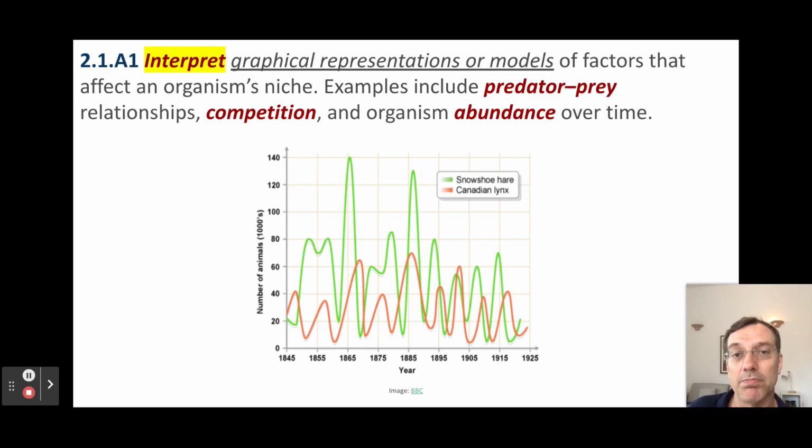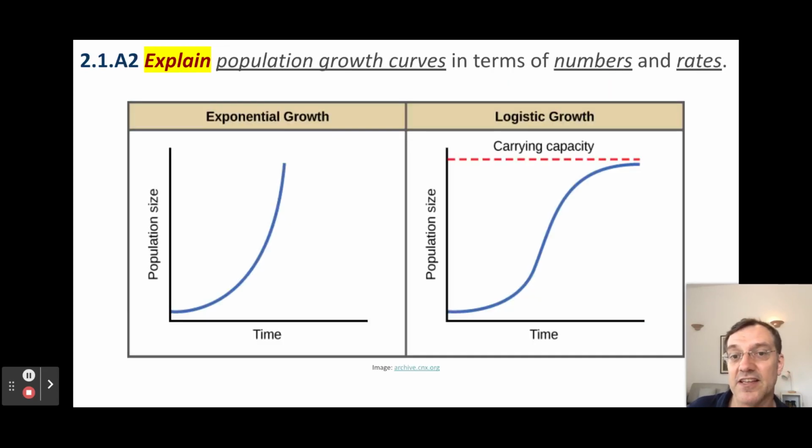You will probably be asked to interpret graphical representations of different relationships. The predator-prey relationship comes up very, very regularly in IB ESS exams. I recommend you know this one very well. Explain these population growth curves in terms of the numbers and the rates. So your J curves here, your R strategists, they grow very, very rapidly. That's the rate.